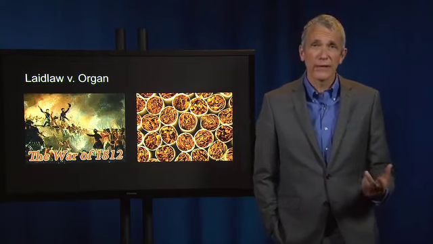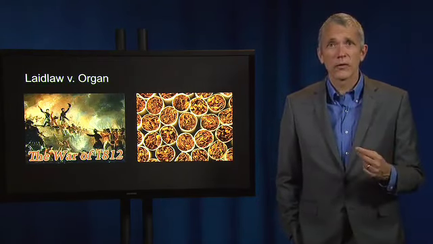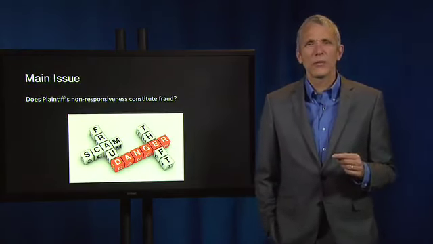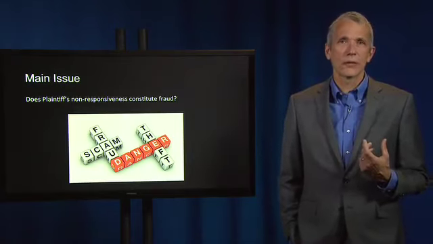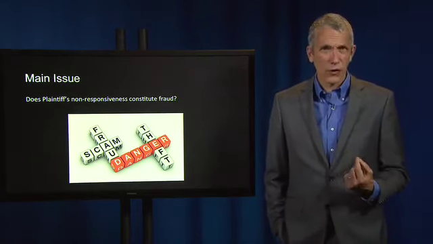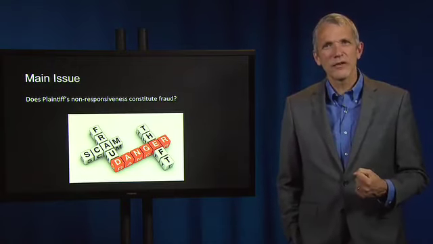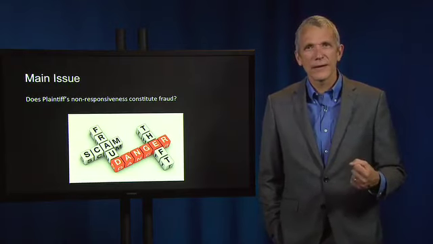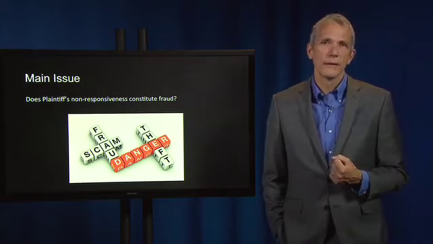The lower court found for the plaintiff. The instant court, the U.S. Supreme Court, reversed and remanded. The main issue in this case was whether plaintiff's non-responsiveness to the defendant's question constitutes fraud. In this case, the plaintiff concealed information about the signing of the Peace Treaty of Ghent that affected the price of tobacco at which they would have contracted.